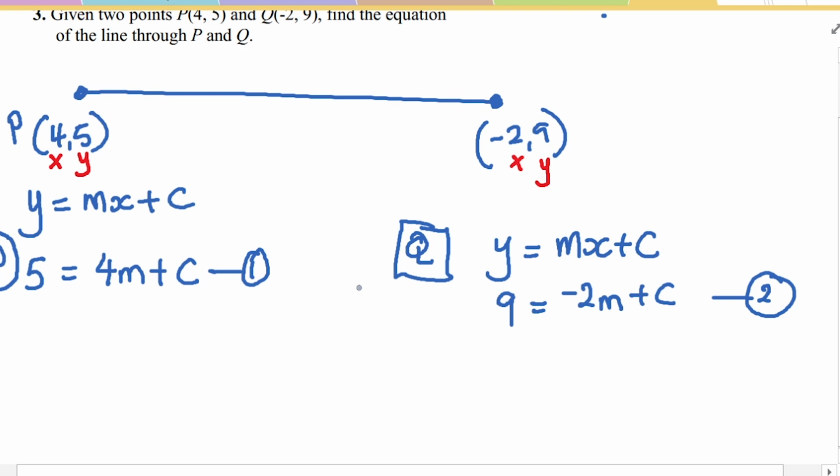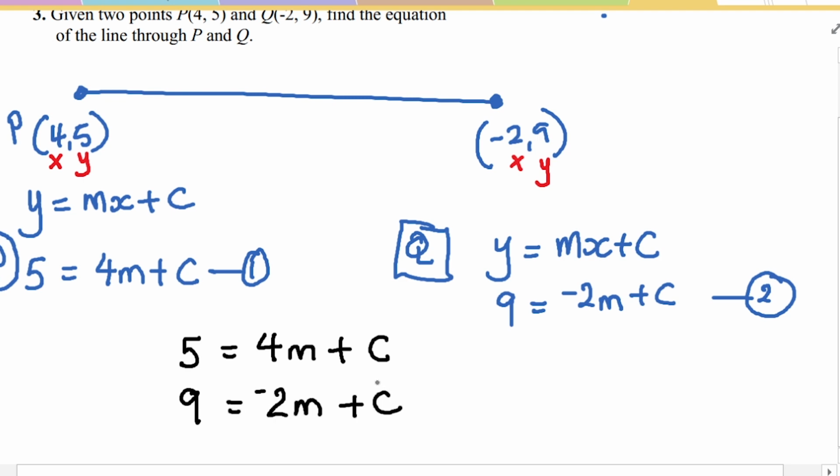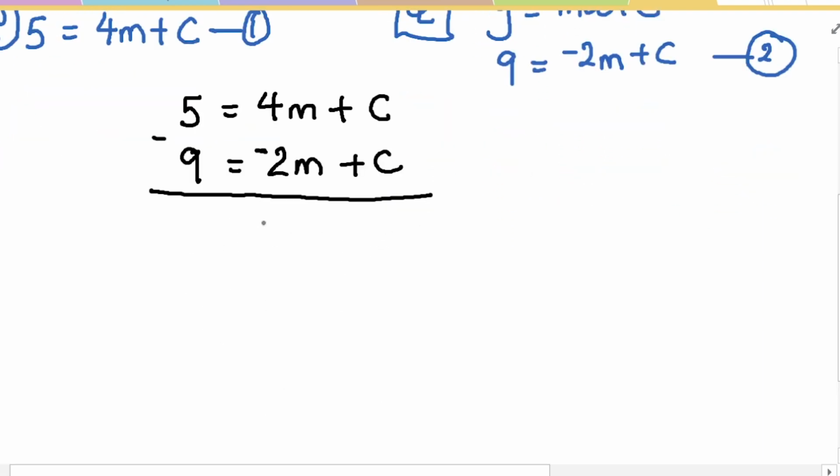We have equation 1 and equation 2, and we simply solve them simultaneously to find the values of m and c. So this is going to become 5 is equal to 4m plus c. That's the first equation. Then we have 9 is equal to -2m plus c. As we're using the elimination method here, it's going to become 5 minus 9, which is -4. That is going to be equal to 4 minus -2, which ends up being a plus, so it's 4 plus 2, which is positive 6m.